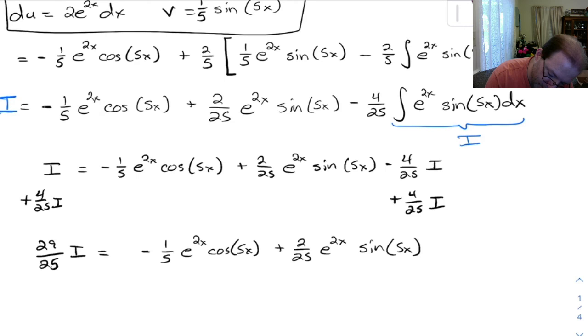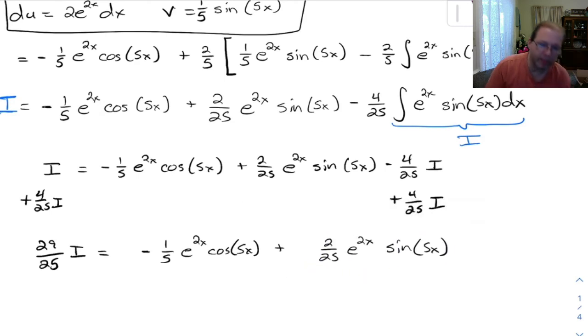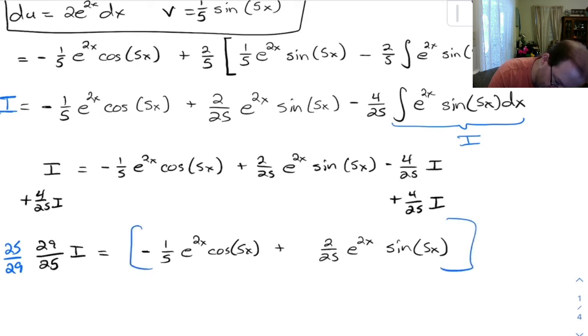I'm going to give myself a little more space there, because now we're almost done. We've got to multiply both sides by 25/29. I could do brackets and multiply everything out like that, but instead I'm going to go ahead and distribute it. 25/29 times this plus this times 25/29.